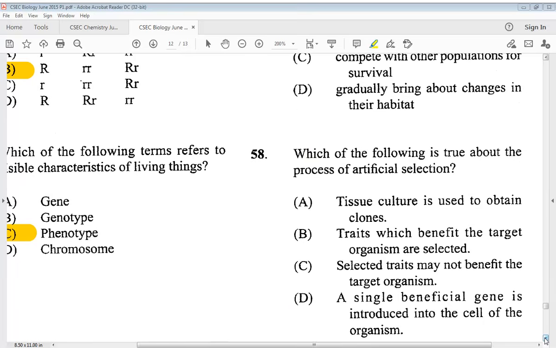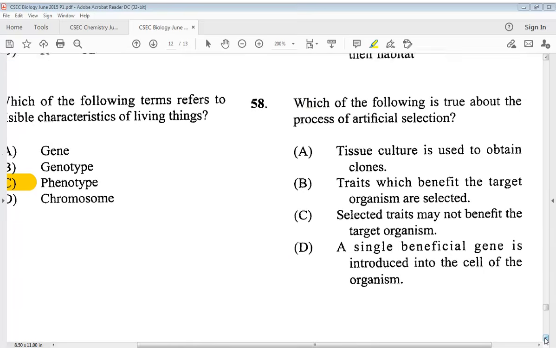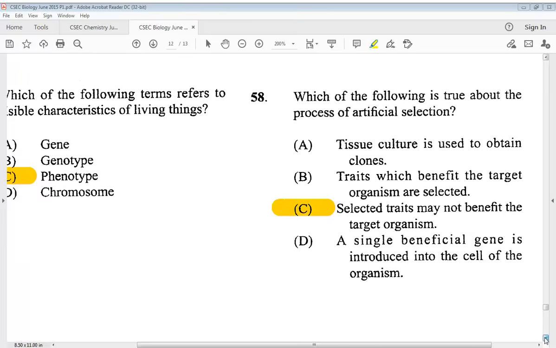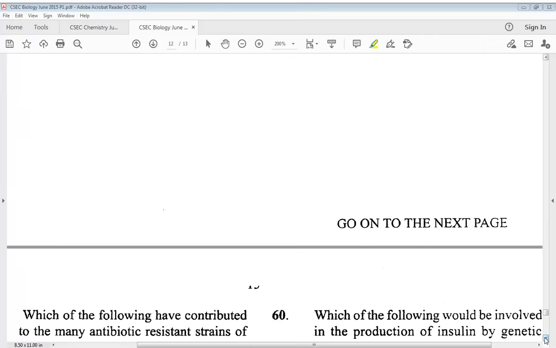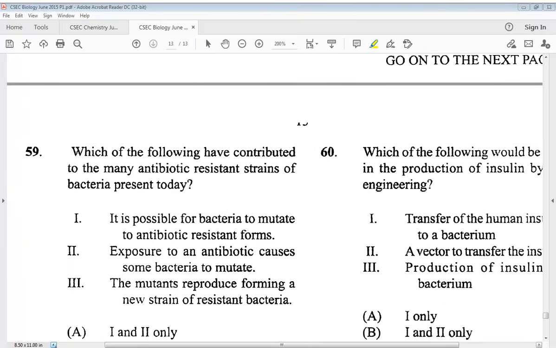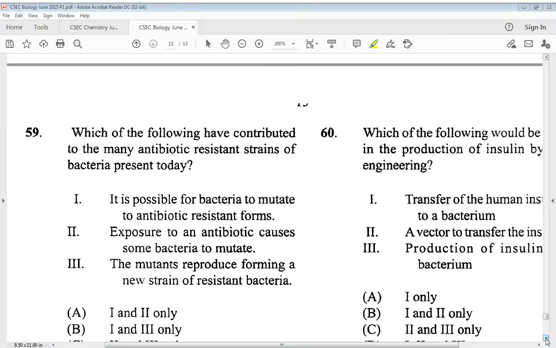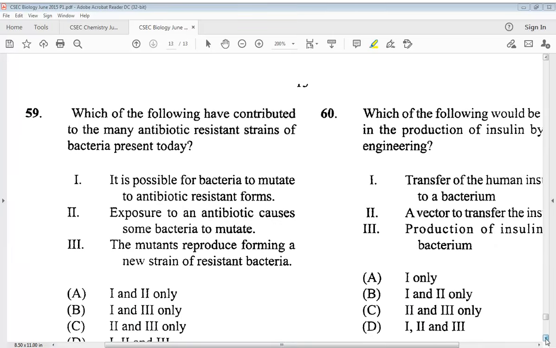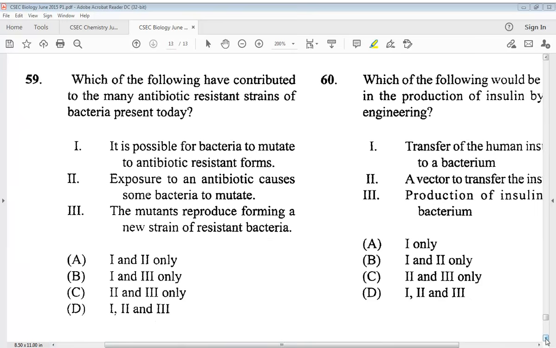58. Which of the following is true about this process of artificial selection? The answer is C. Selected traits may not benefit the target organism. Let's take our final question now. 59 says, which of the following have contributed to the many antibiotic-resistant strains of bacteria present today? 1.